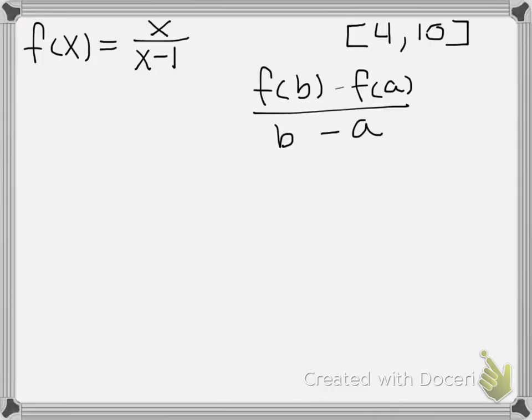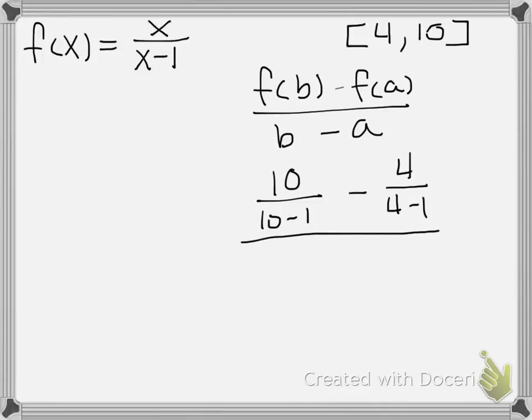Okay, so for our f of b, we're going to have 10 over 10 minus 1, minus our f of a, so we're going to have 4 over 4 minus 1. That's going to be all over 10 minus 4.